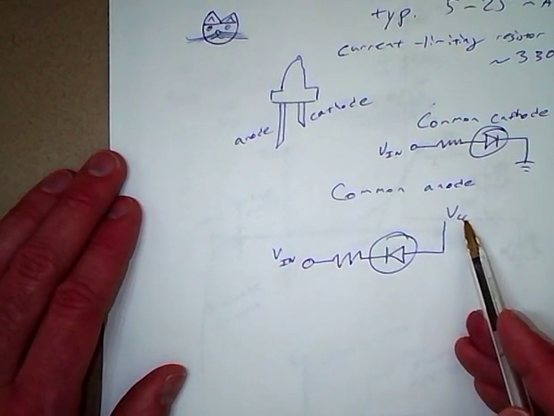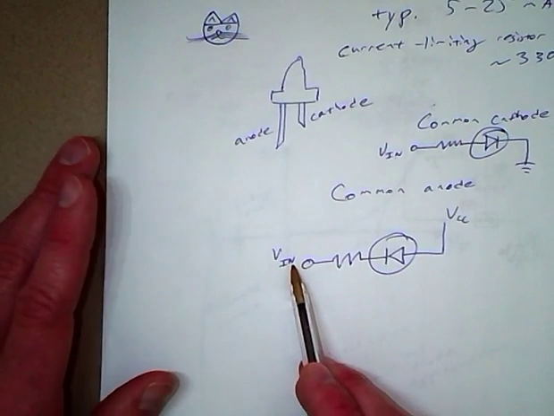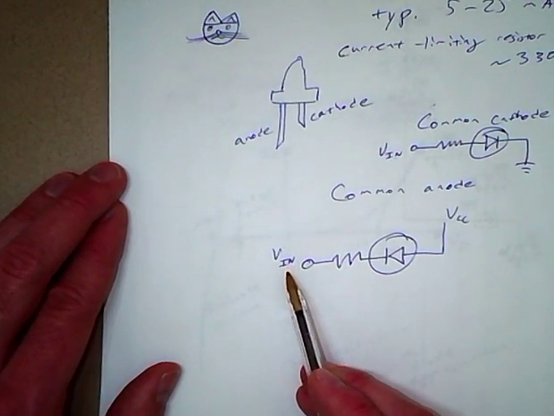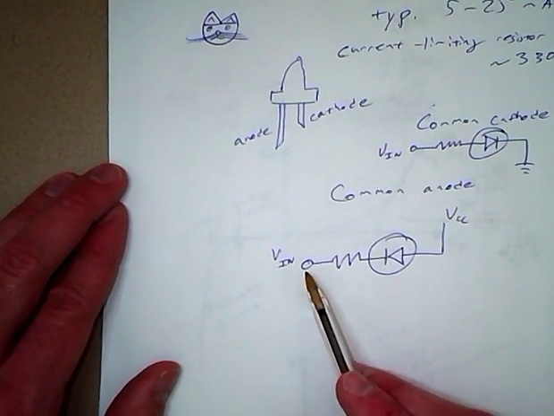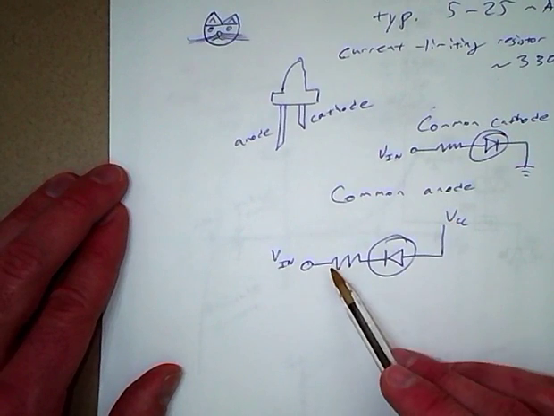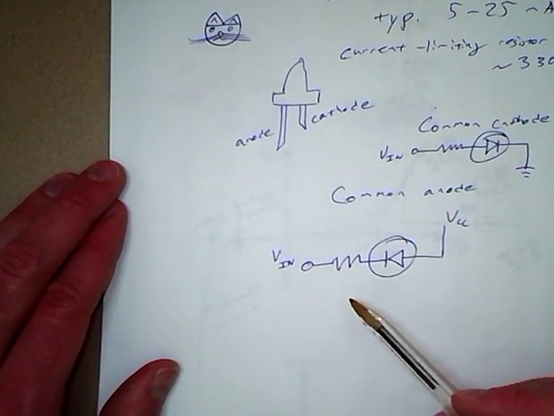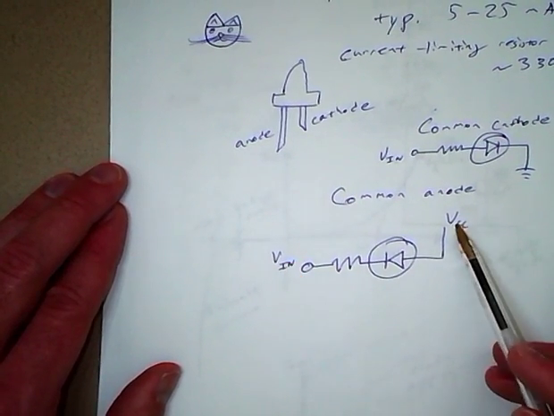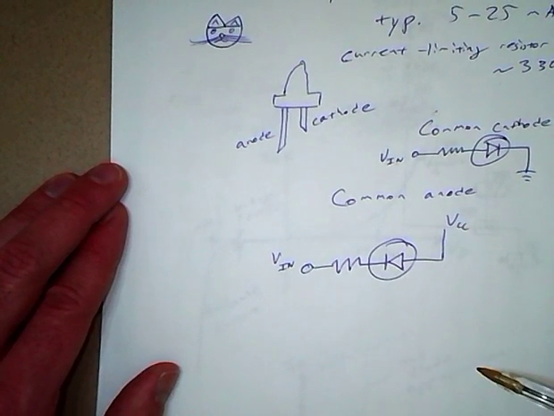So this would be a voltage rail, and here is our control signal. So now the LED is active whenever our VIN is low. So when this voltage is 0 volts, then the LED is forward biased and it shines light. But whenever this is high, when it equals VCC, then the LED is off.